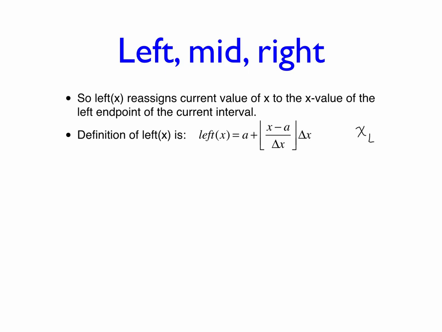So if this is what we know about left of x, what would right of x do? I'm going to stop talking now. You can answer this question. What would right of x do?